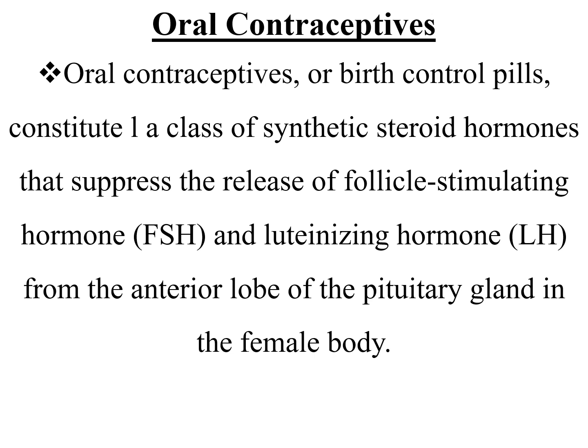So when it comes to oral contraceptives, these oral contraceptives or birth control pills constitute the first class of synthetic steroid hormones that suppress the release of follicle stimulating hormone FSH and luteinizing hormone from the anterior lobe of the pituitary gland in the female body.